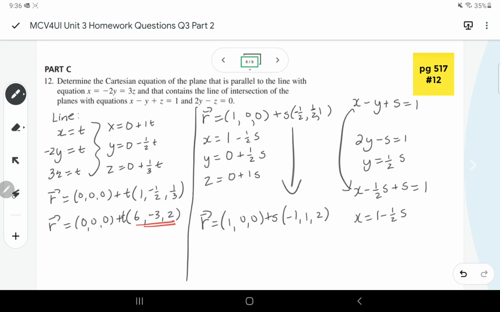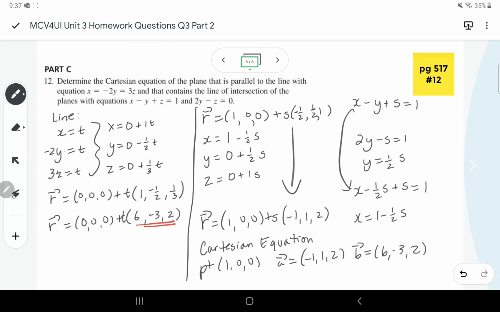So now I want to find basically the Cartesian equation, and I have this point 1, 0, 0 and two direction vectors, the -1, 1, 2, and from the other one 6, -3, 2.